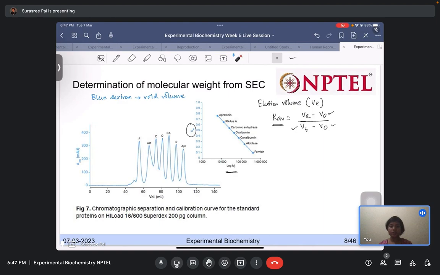That means we can get an idea of the molecular weight of the protein. Suppose our elution volume is 80 ml. From that we can calculate the partition coefficient, and suppose the partition coefficient comes to 0.4. So we plot it on the standard curve.